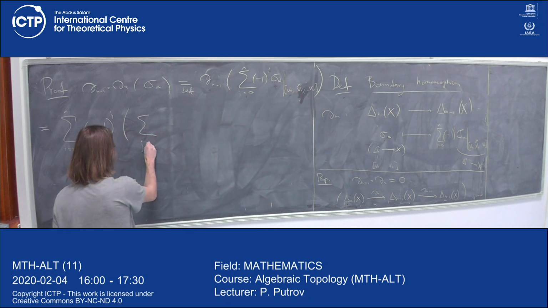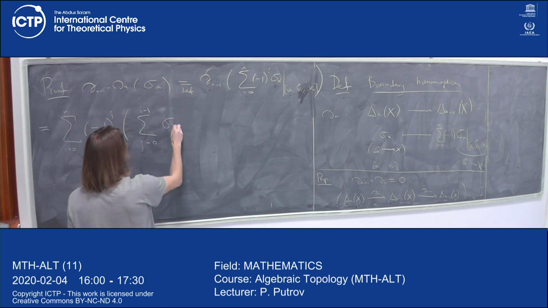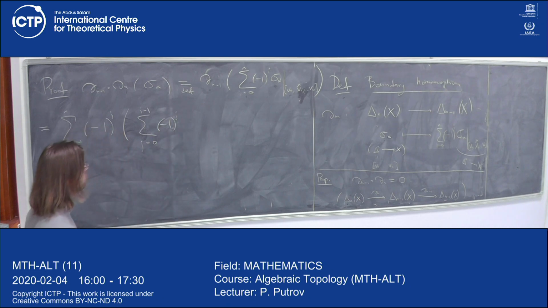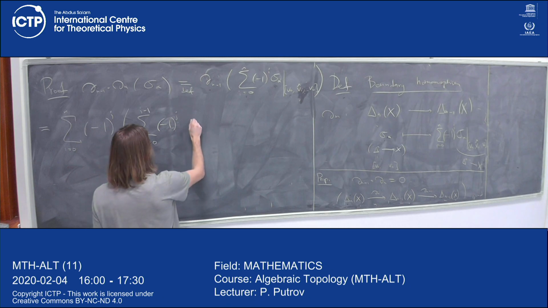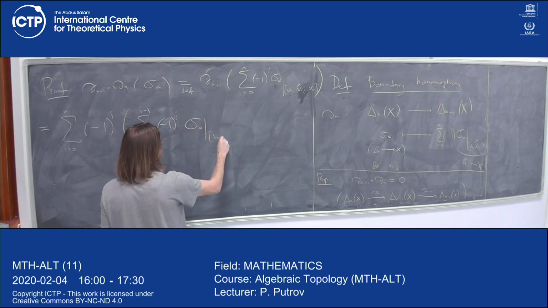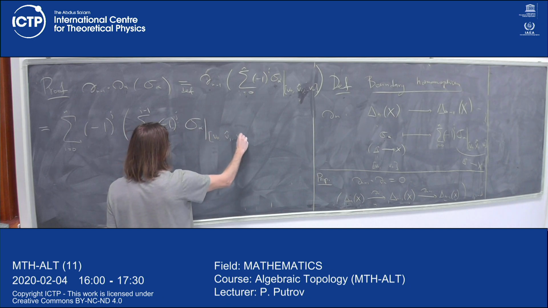So first there will be a sum over j from 0 to i minus 1, weighted by minus 1 to the j, and before σα I remove the j-th vertex here.